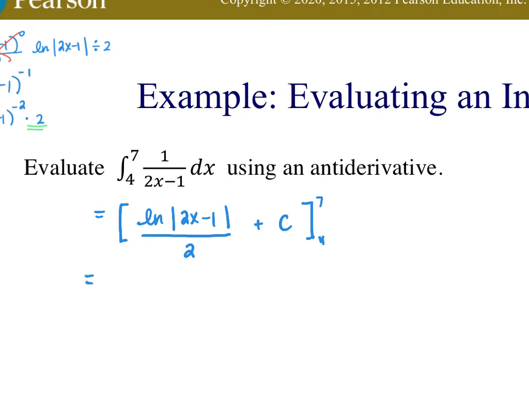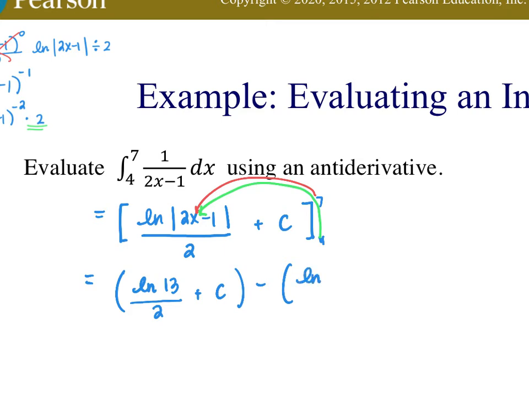All right, let's drop in our bounds. So start with parentheses, we'll have the natural log, and then we'll have 2 times 7 minus 1, that's 13, the whole thing over 2, plus c. Minus, okay, now we'll drop in 4. So I'll have the natural log of 2 times 4 minus 1, that's 7, over 2 plus c.